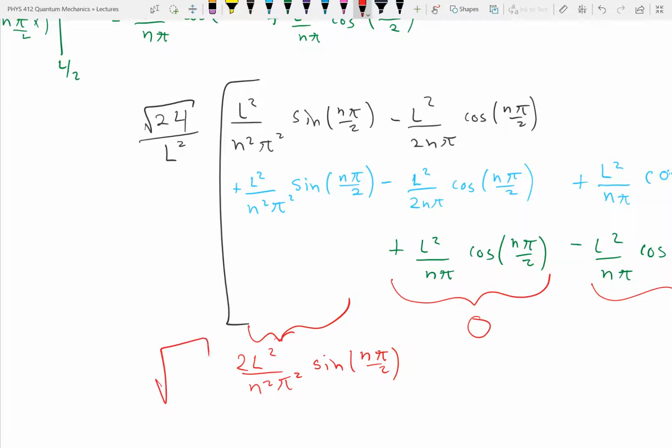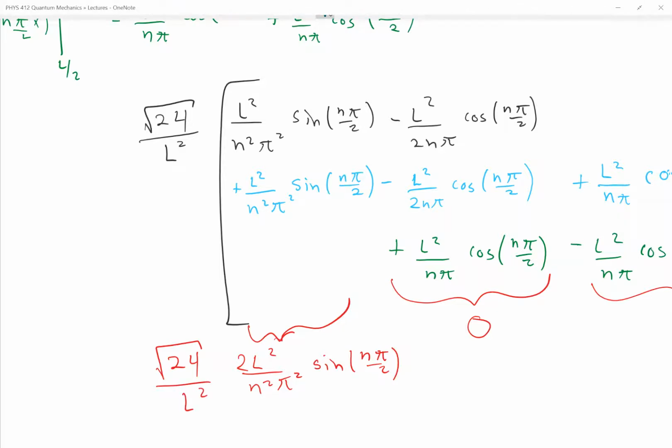We can't forget that we had the square root of 24 over L squared. So we're going to have the L squareds cancel.